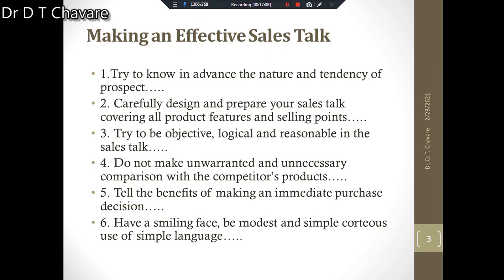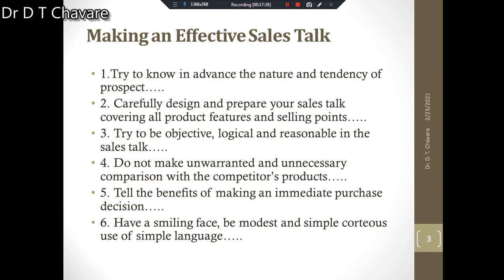Then try to be objective, logical and reasonable in making the sales talk. Do not make exaggerated, false and misleading claims about your product and your services. Then do not make unwarranted and unnecessary comparisons with the competitor's product.